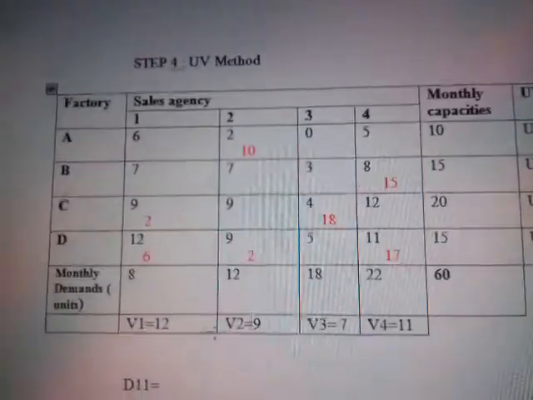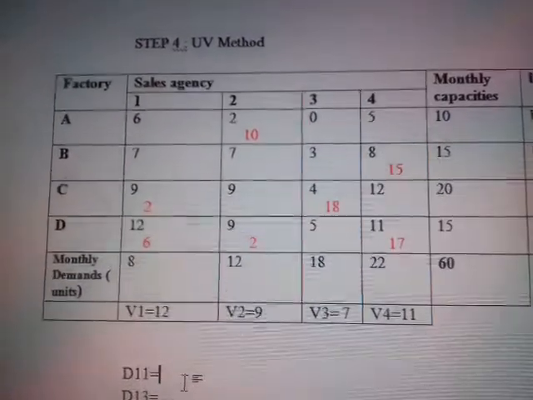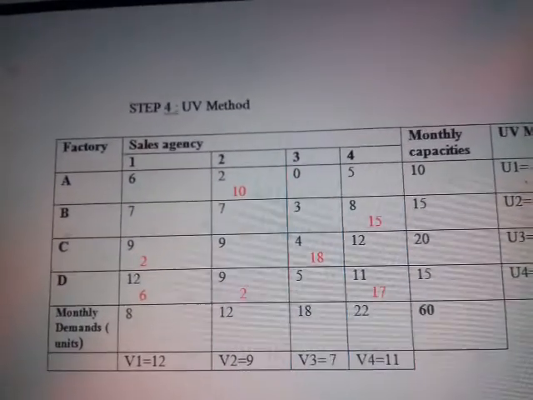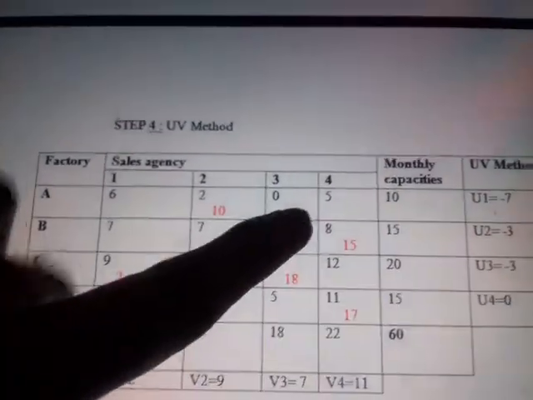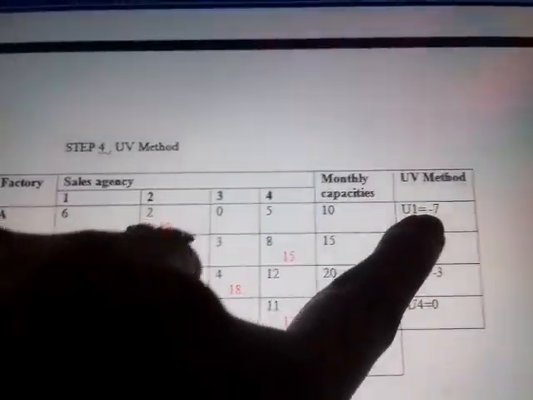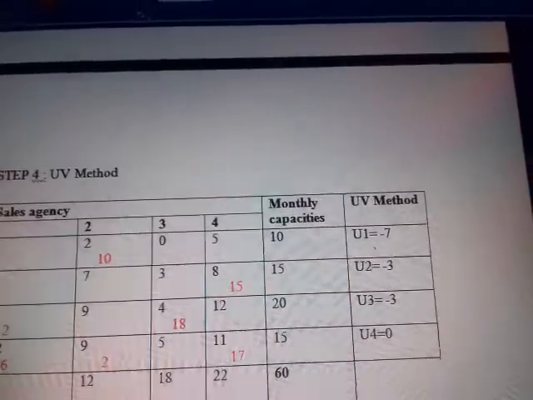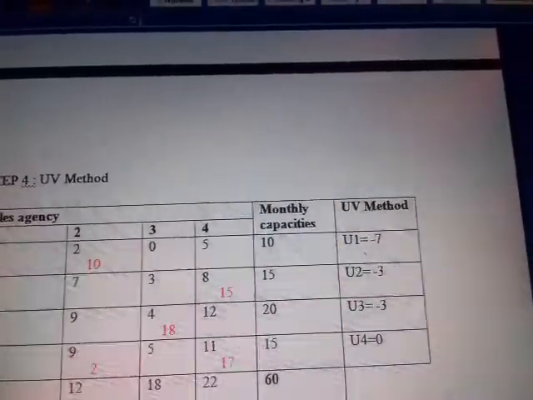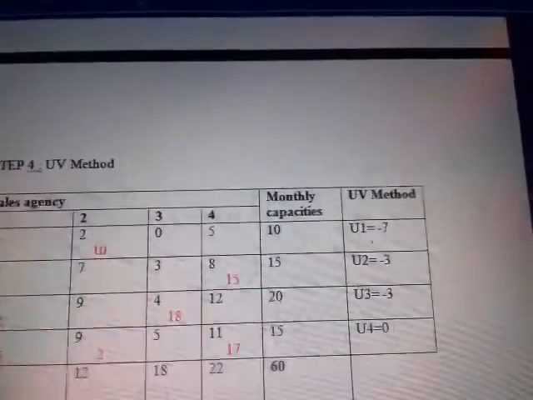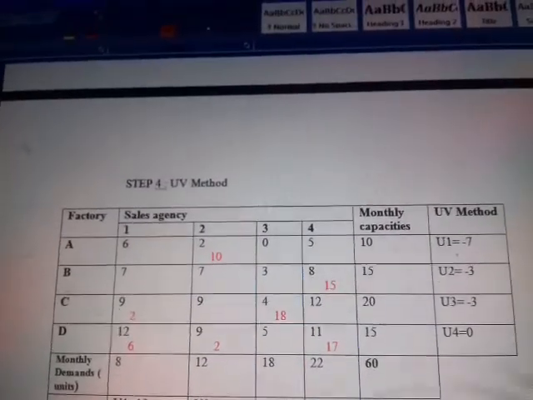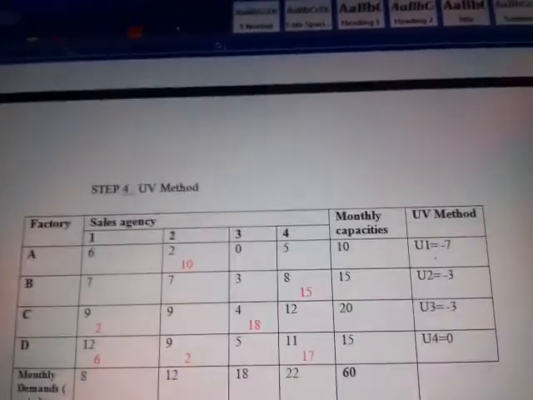So D11 is 1. Is it clear? Okay, so next you have to find out D13 this cell. The corresponding row is minus 7, the corresponding column is 7. So 7 minus 7 is 0. Here 0 is there. So take D13 is 0. Is it clear? Similarly, you have to find out the other values.